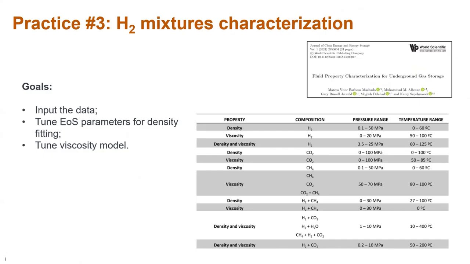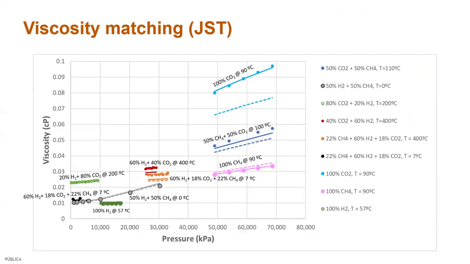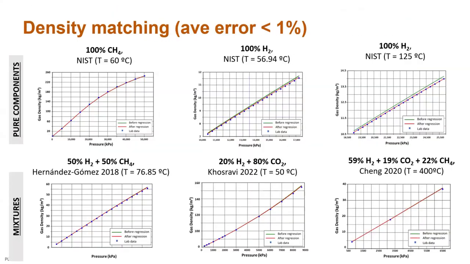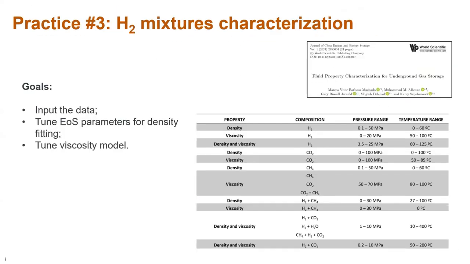So this practice, I recommend you to do as homework. Okay, this practice is trying to do the same that we did in the paper. In this practice, I'm using all the data that we gathered during this study.